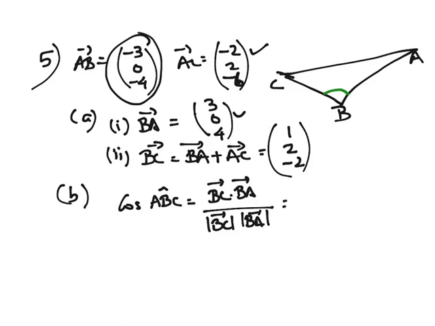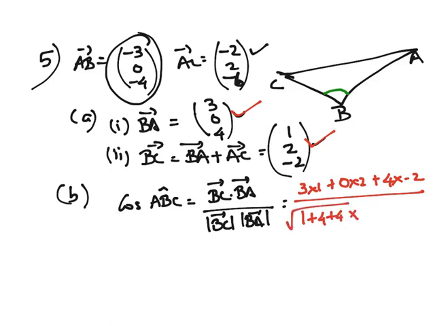Now we need to find the dot product of BC and BA. So BC is here and this is BA. The dot product will give me 3 into 1 plus 0 into 2 plus 4 into minus 2, divided by the magnitude of BC, which is the square root of 1 plus 4 plus 4, multiplied with the magnitude of BA, which is the square root of 9 plus 0 plus 16.